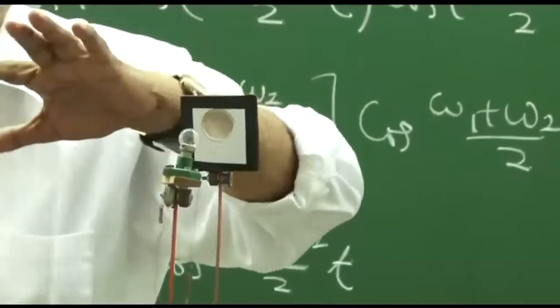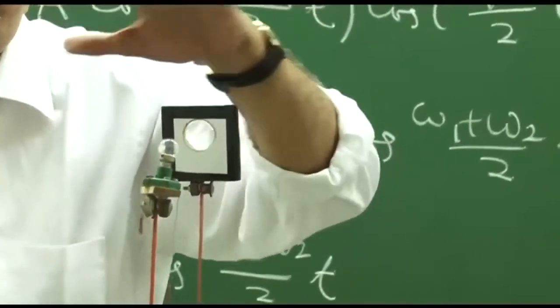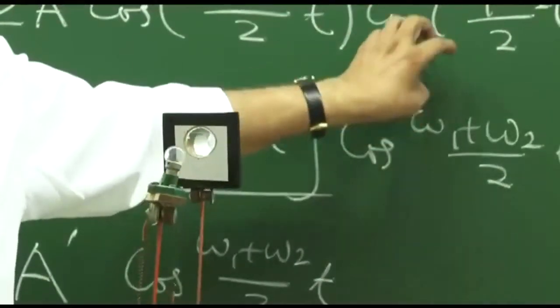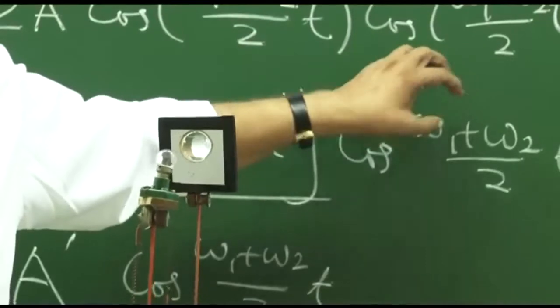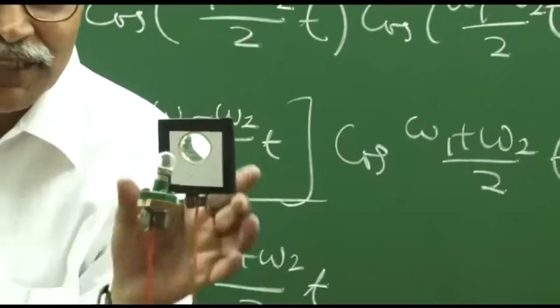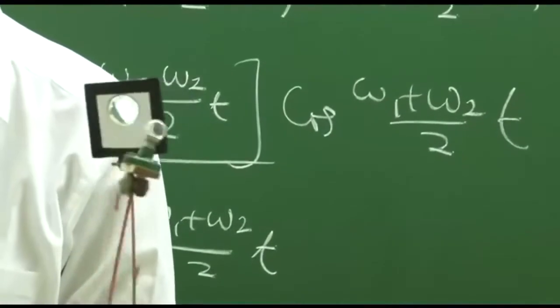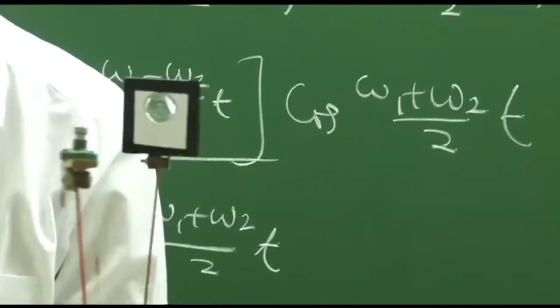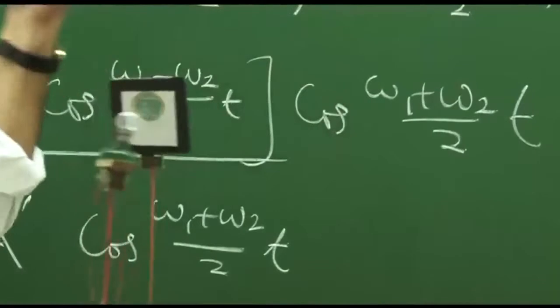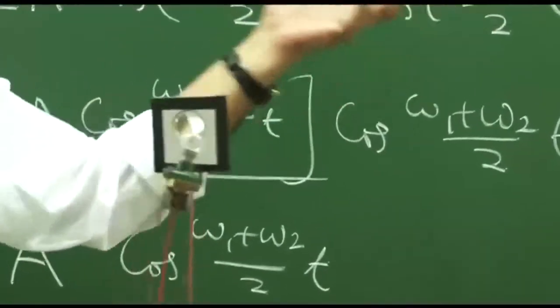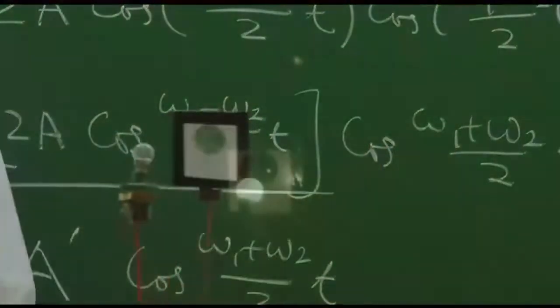If I oscillate both of them together, then this image will get oscillations which will have the frequency of this lens vibration as well as the frequency of this bulb vibration, and then you will enjoy how the amplitude of that image oscillation changes with time.